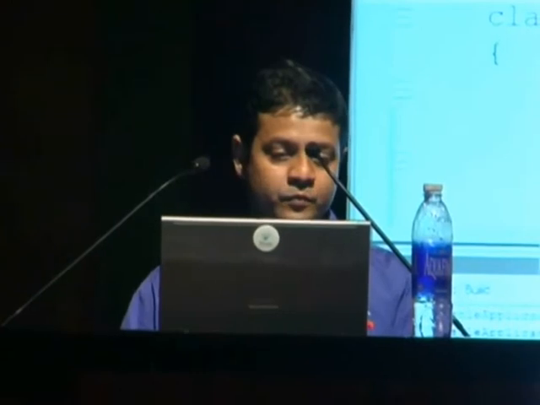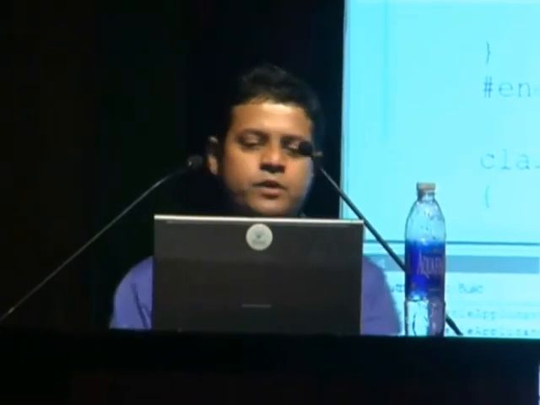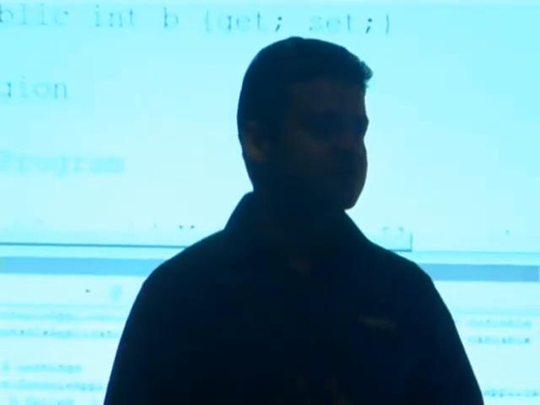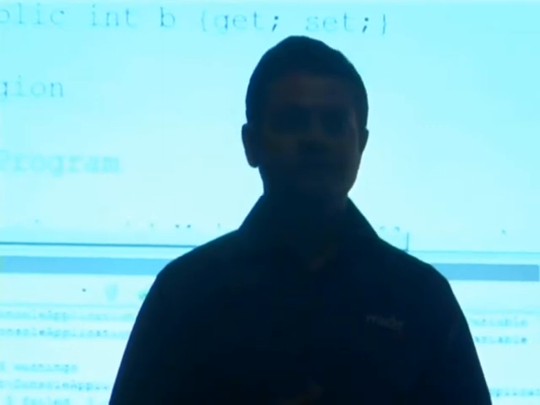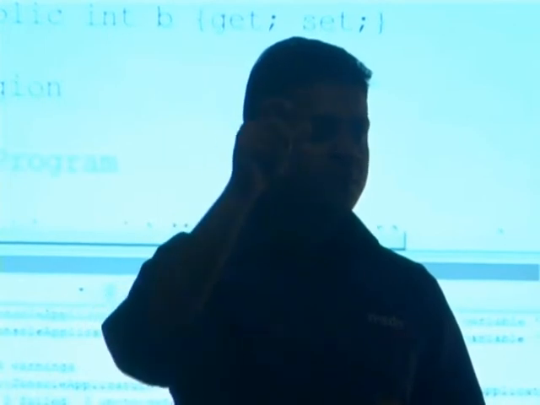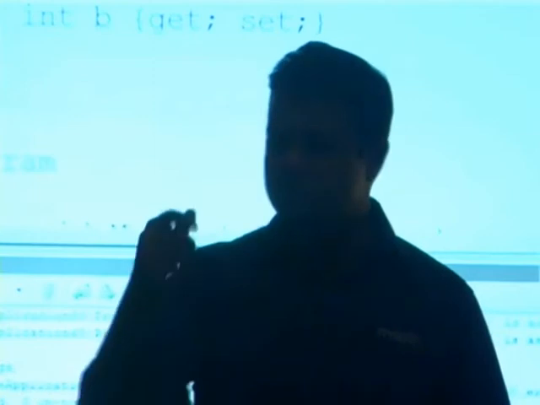Okay, the next thing, auto-implemented properties. So earlier, if you remember, whenever you are defining properties or member variables, you have a big class which has lots of properties. You have to typically create getters and setters for that. Now, the getters and setters code is very mundane. It's just repetitive code, except for the fact that the name of the argument changes or the type changes.